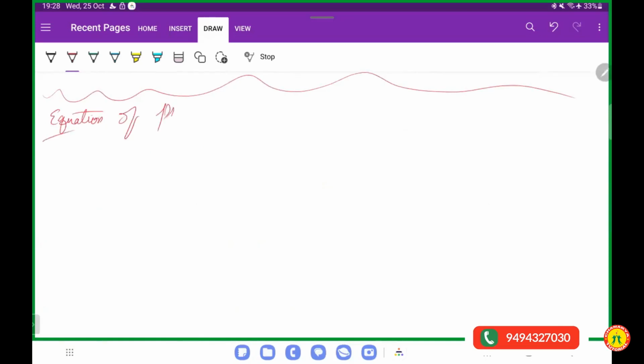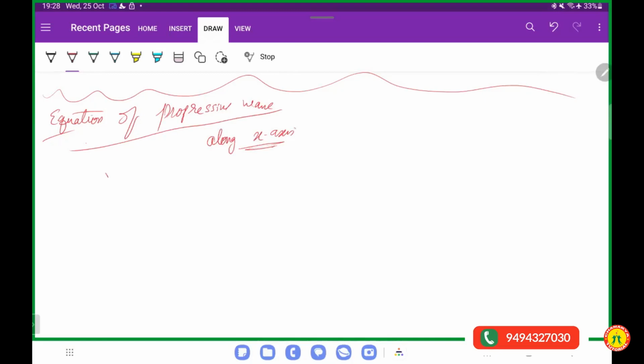Equation of progressive wave. From the name, you can understand progressive means traveling. So we will assume that this is traveling along the x axis.